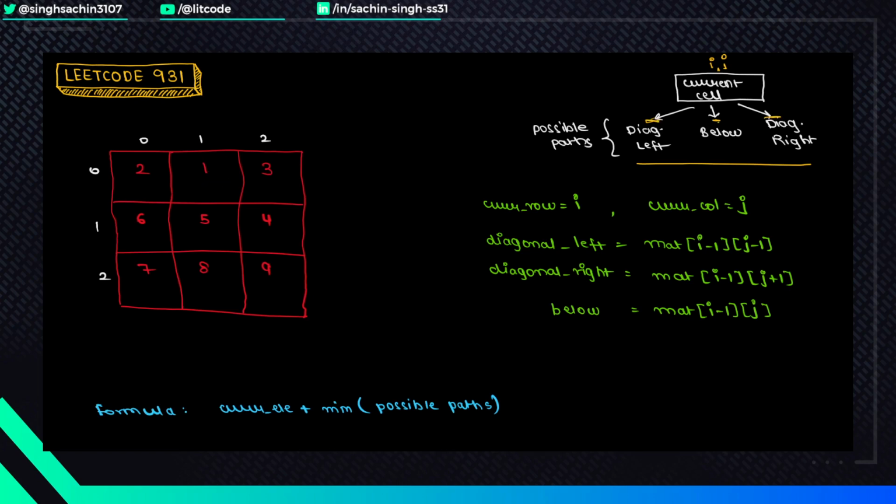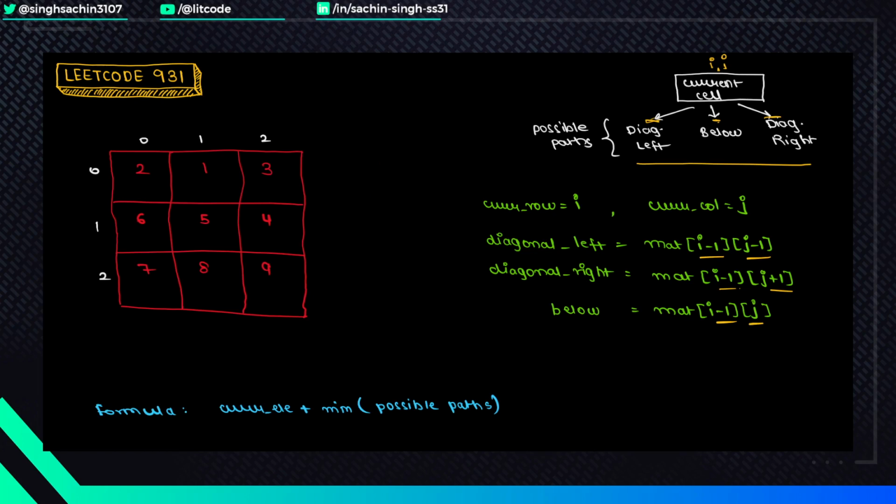I will just change the notation. Instead of going to the next row, I'll check the previous row, so we are going from top to bottom.